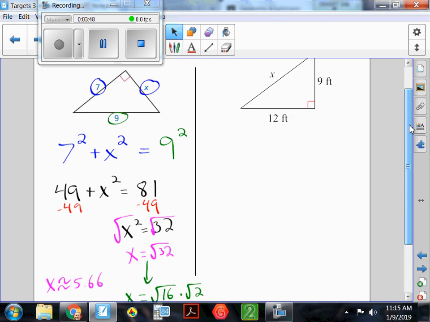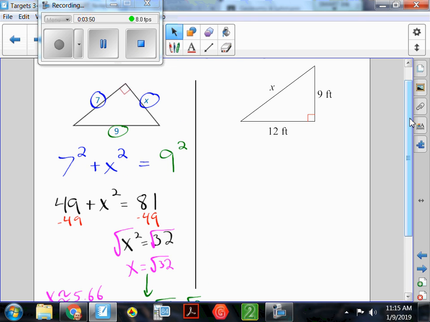So I have to be careful when I do the problems on whether I set the x on the left side of the equation with the other leg, or whether x is the hypotenuse. For the second equation, x is the hypotenuse.